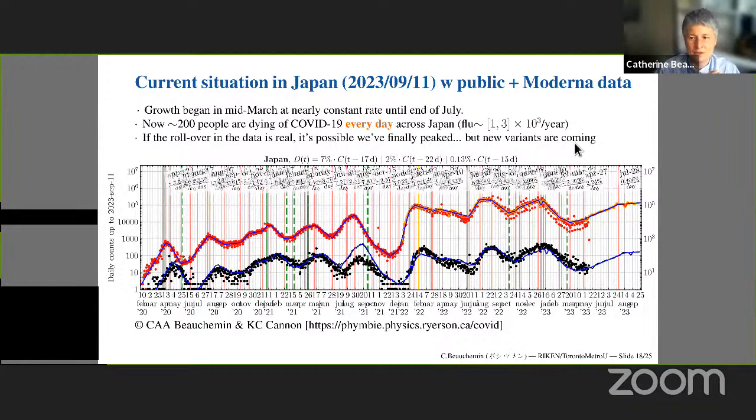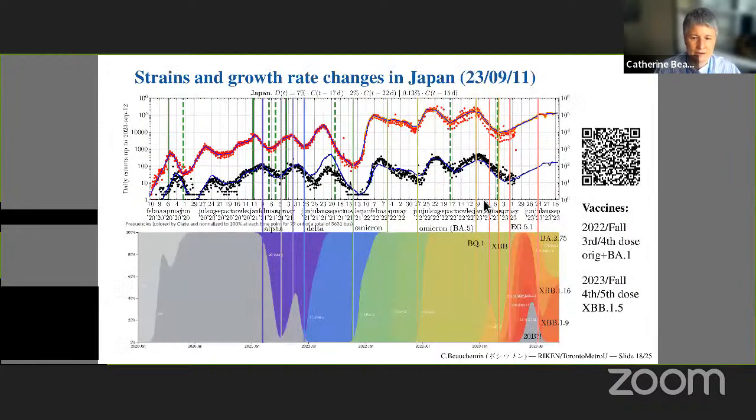But I also happen to know that there are new variants coming. Things are going up in the UK, Italy, US. So it's very likely that things will start getting even worse now in Japan. And you can see we're already as bad as we were at the worst of the pandemic. So things are really not good, and don't seem to be dropping particularly either.